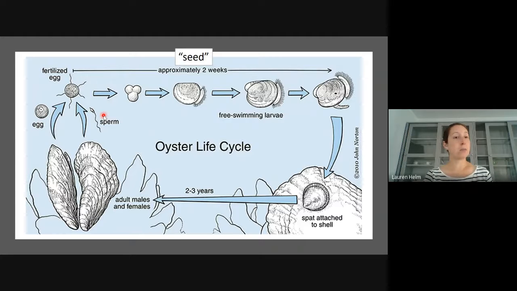They release egg and sperm, get a fertilized egg, and then that egg is going to grow over time until you get free-swimming larvae. These are the seeds that they talked about in the video. And then those larvae eventually attach their shell to some sort of surface as they grow over time into adults and start the cycle over again.